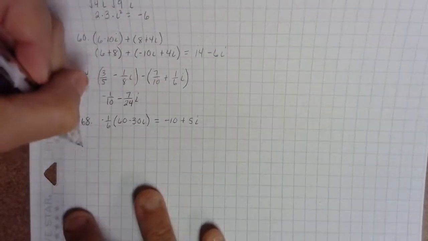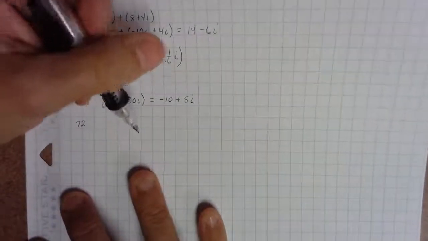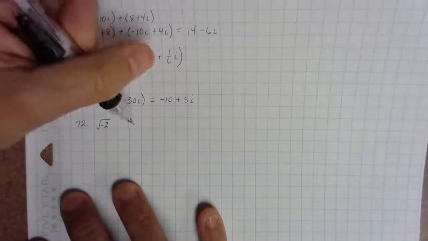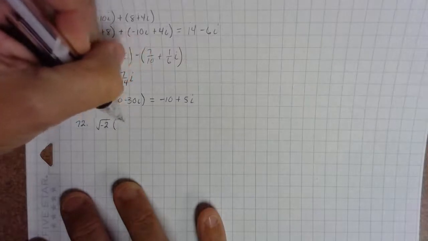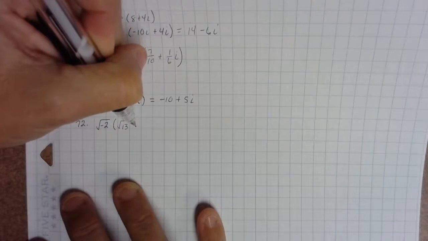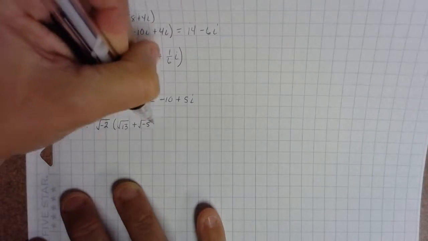But once we get down to number 72, we have to think about what the text was about the other day, is that before you ever begin, you've got to realize you have a complex number times the sum of a real number plus another complex number.